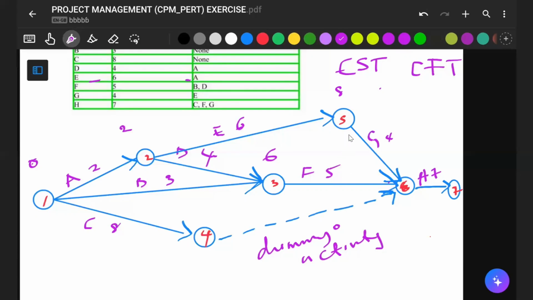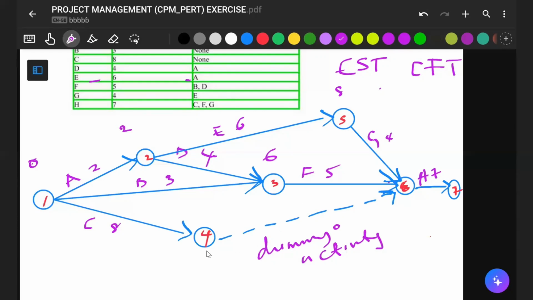I said earlier that when you do your addition, the one that gives you the highest value is what you pick. So here you have 8 plus 4, which gives you 12. When you come here, you have 6 at the starting point for activity F. 6 plus 5 gives you 11, which is not up to 12.